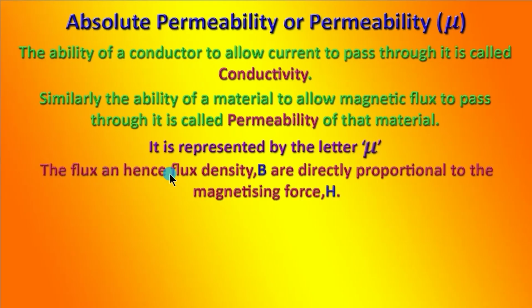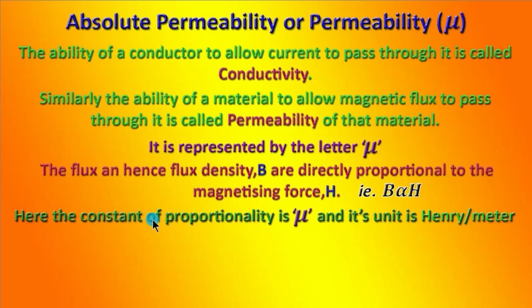The flux and hence flux density B are directly proportional to the magnetizing force H. That is, B is proportional to H. Here the constant of proportionality is mu and its unit is Henry per meter. Therefore, B is equal to mu into H, or mu is equal to B divided by H.